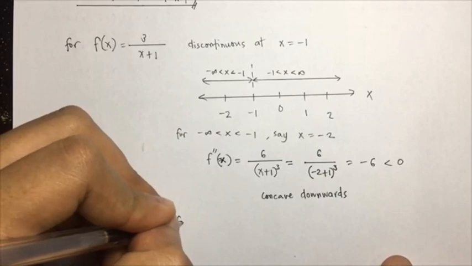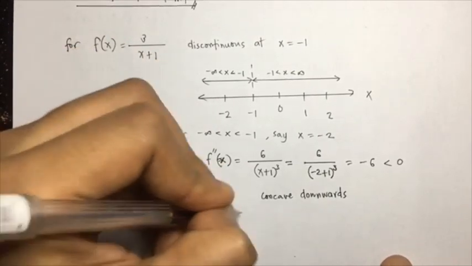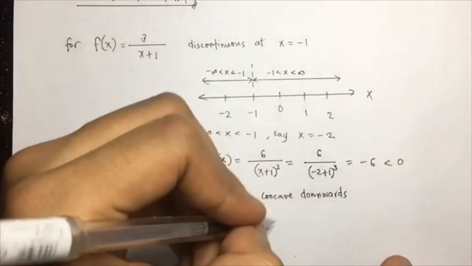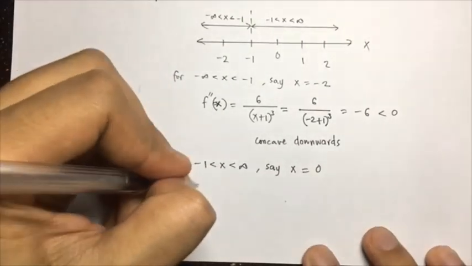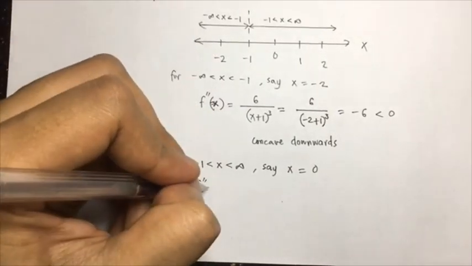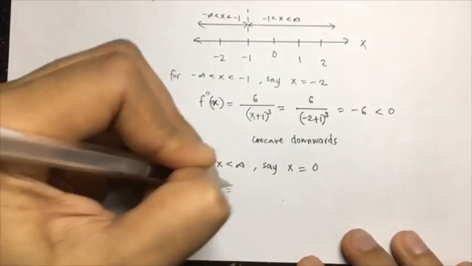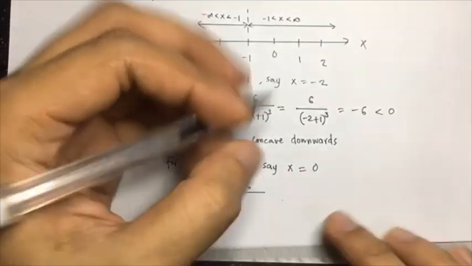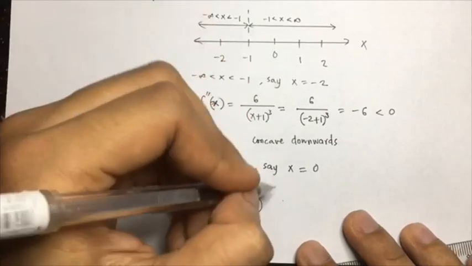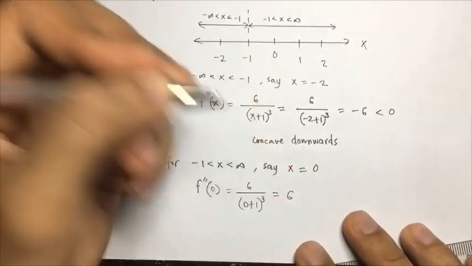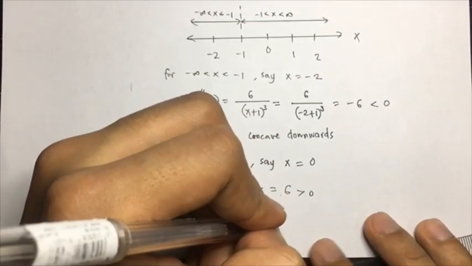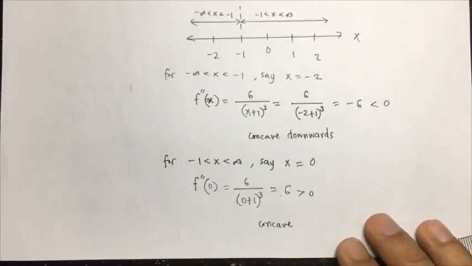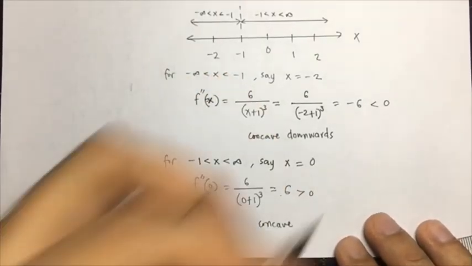Next, for the interval from negative 1 to positive infinity, say x is equal to 0. So f double prime of 0 is equal to 6 over 0 plus 1 cubed, that is positive 6. It's greater than 0, so this interval is concave upwards.